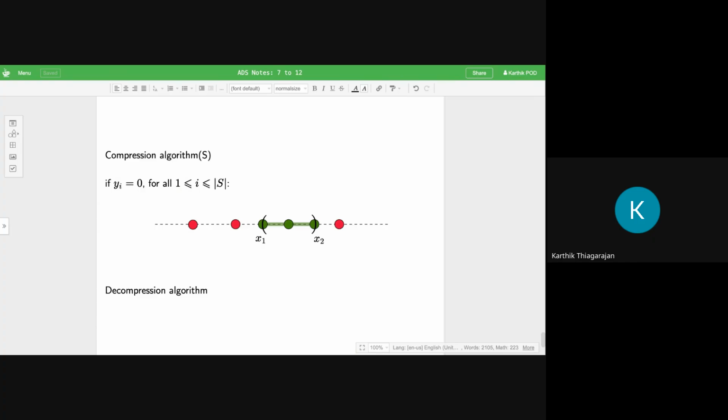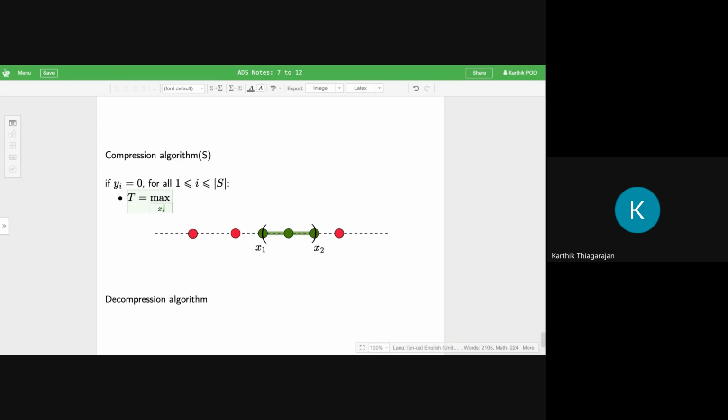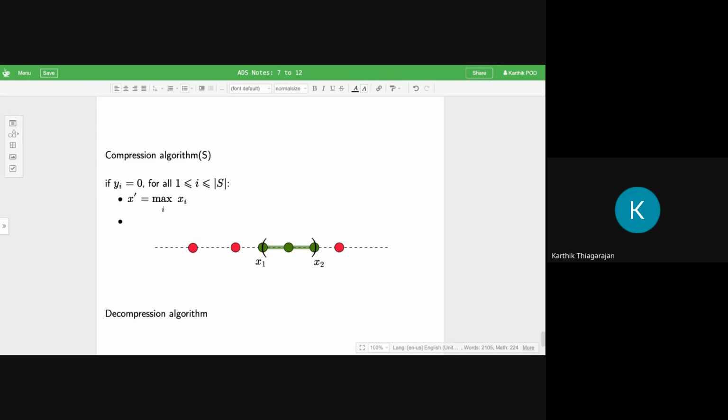I have to return, in each case, a subset of points. So let's say T is the subset. What I will do is take max over i of xi, and I'll call this some x dash. This will give me the maximum value of the x coordinate of all the data points, and I'll return this.